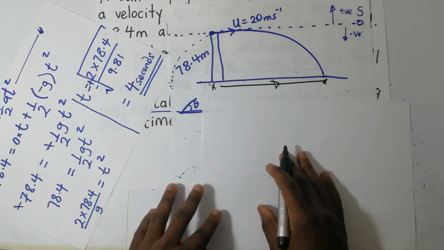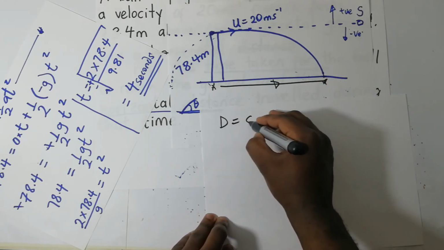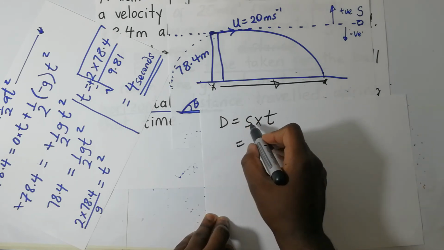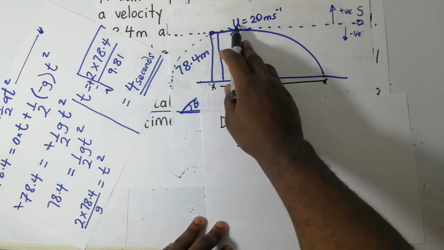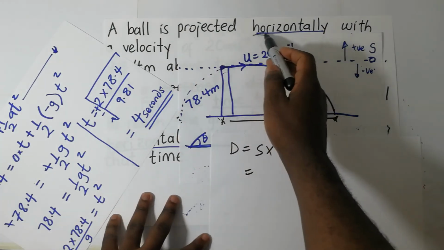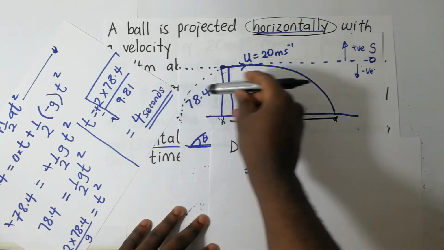That's horizontal. So if it's the horizontal distance, we know that distance is given by speed times time. Now look at the speed here. Remember this thing was projected according to the question. A ball is projected horizontally. So this thing is entirely in the horizontal direction.